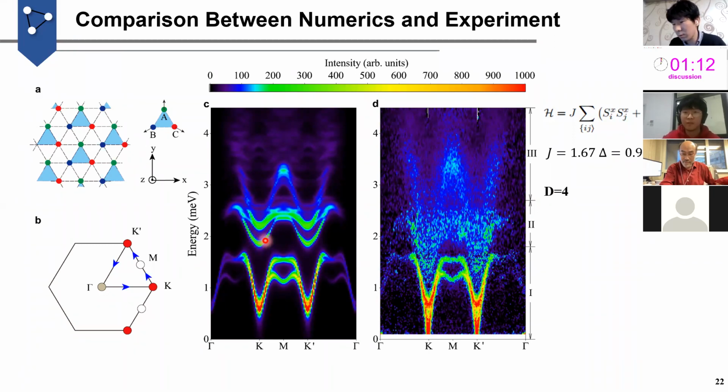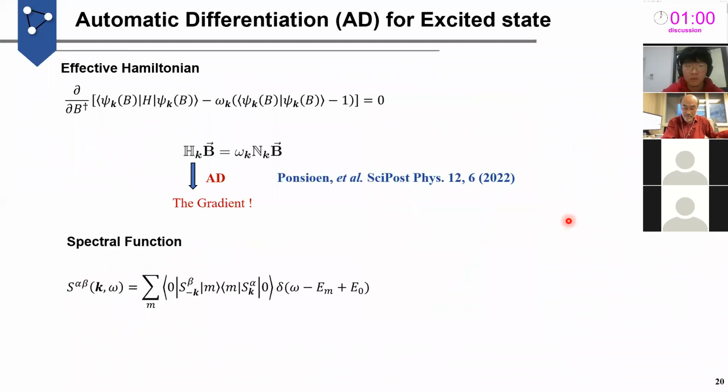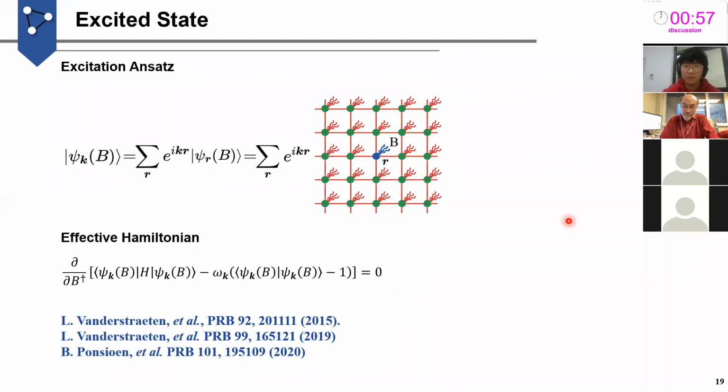Okay, I have a question. Runze, I'll just follow up on the first question. For me, it seems like your excitation wave function ansatz is just a Bloch wave function. So that's the key point. It's about the periodicity here. Yes, it's periodic here due to the sum over all sites.